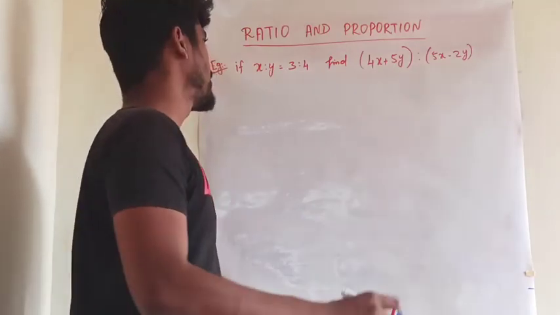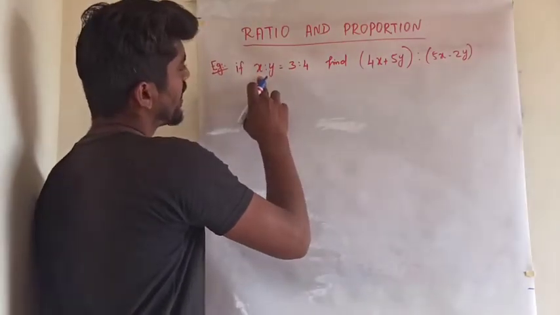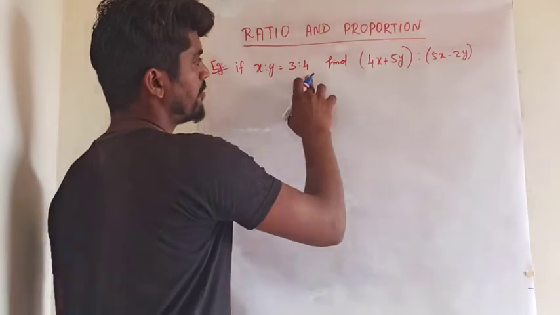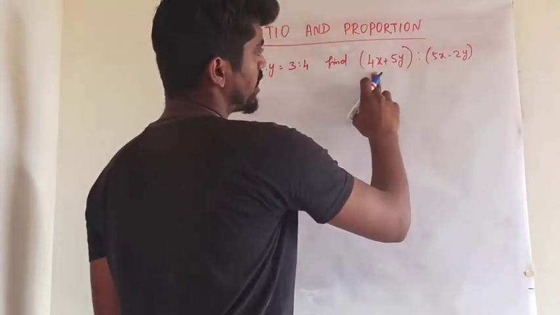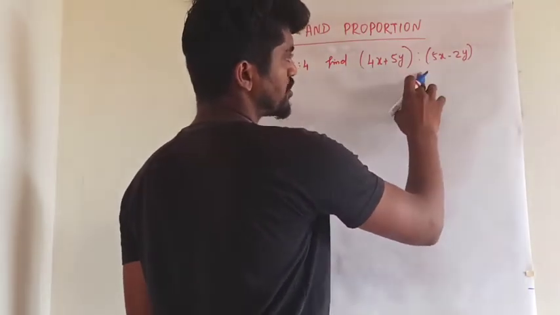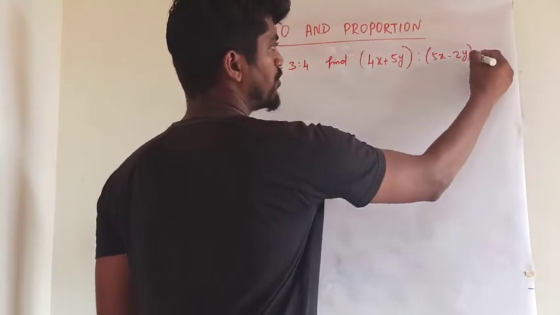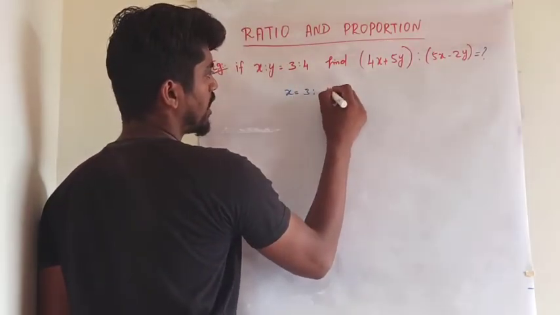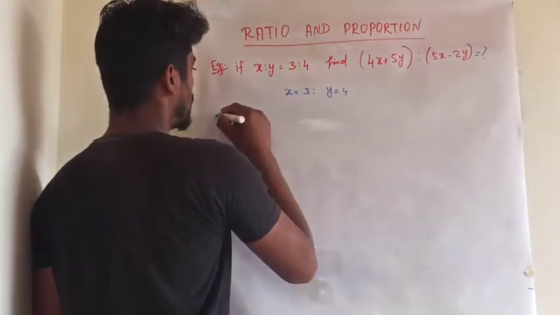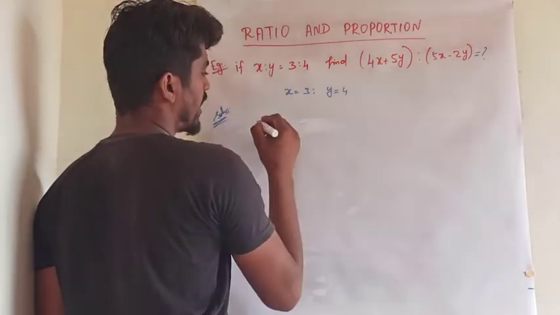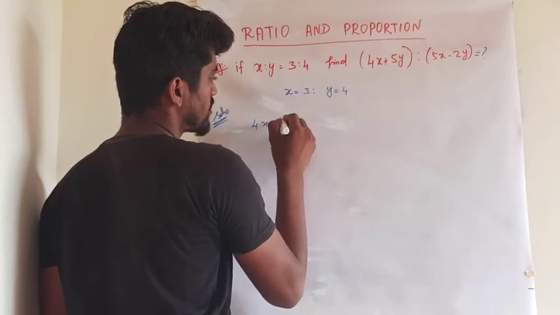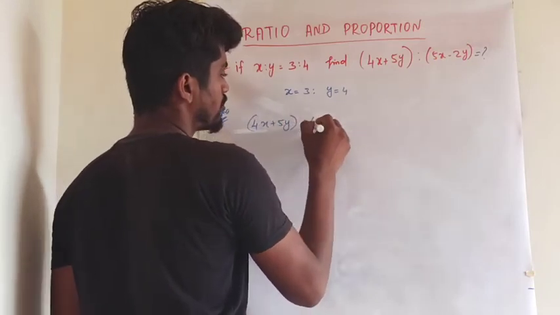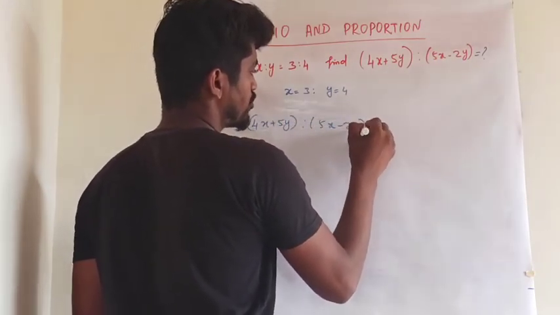Next, the given sum is: if x is to y is equal to 3 by 4, find the value of 4x plus 5y is to 5x minus 2y. Here x is equal to 3 and y is equal to 4. So we have to find 4x plus 5y is to 5x minus 2y.